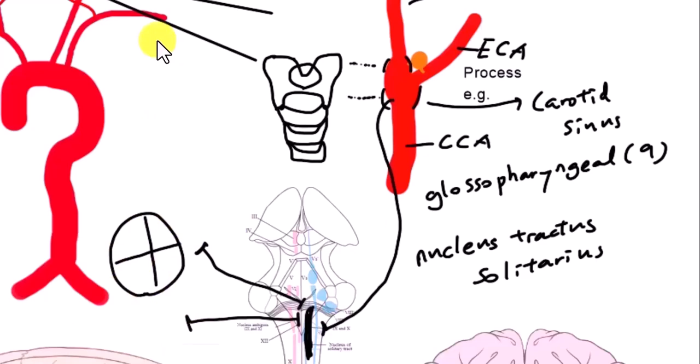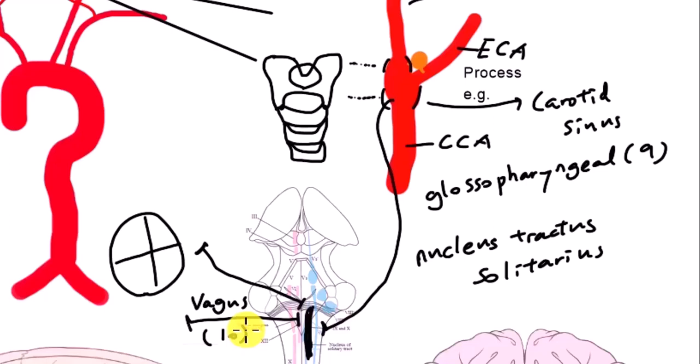So in case of drop in blood pressure, the signal from the carotid sinus is weak, and the weak signal to the nucleus tractus solitarius excites the sympathetic outflow and reduces parasympathetic outflow. And in this case, the parasympathetic outflow is through vagus nerve, the cranial nerve 10. So it increases the blood pressure by increasing the stroke volume and heart rate.